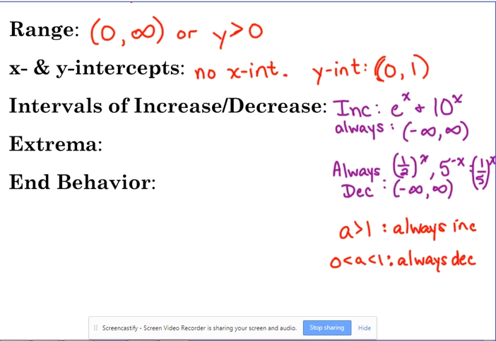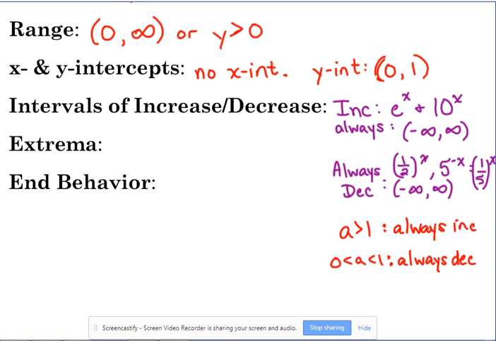When you look at the equation, you should know whether it's an increasing exponential or a decreasing exponential. Okay? But be careful with things like 5 to the negative x. It's got to be to the positive x to be able to determine this. So if it's got a negative exponent, you got to put it in the denominator. Or if it was already a fraction.